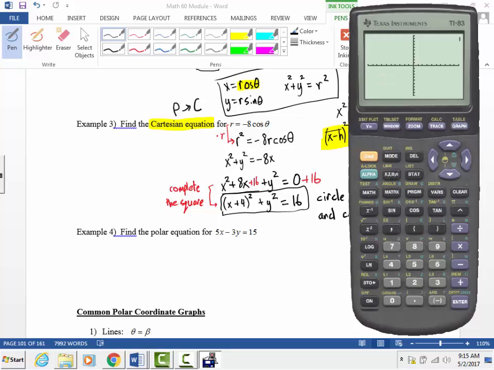And when you hit graph, does that look like a circle with radius 4 and a center at negative 4, 0? Absolutely. I think that's pretty cool. Math works. Because math is cool.